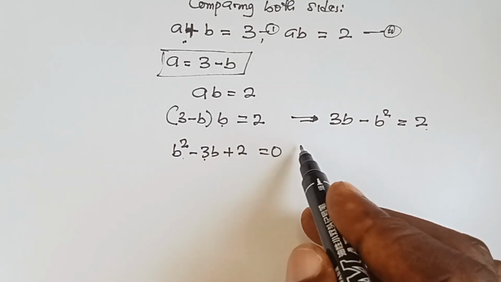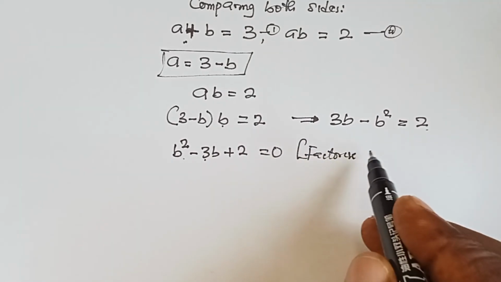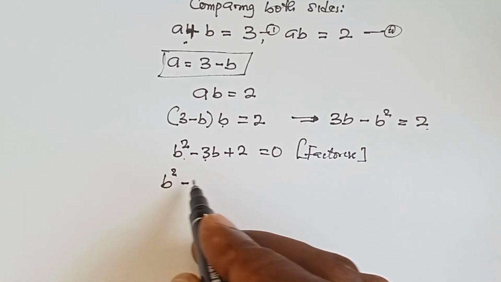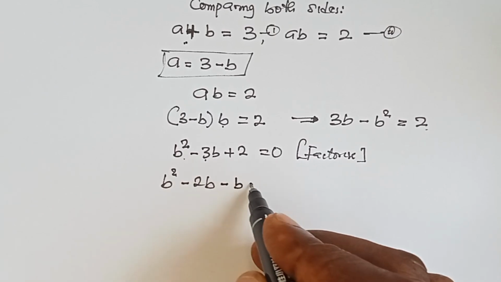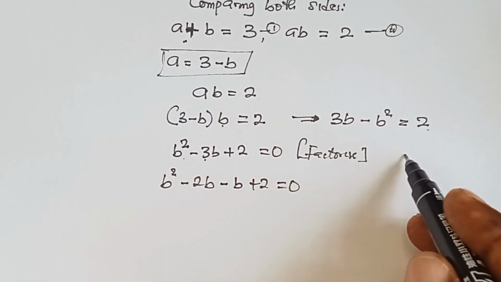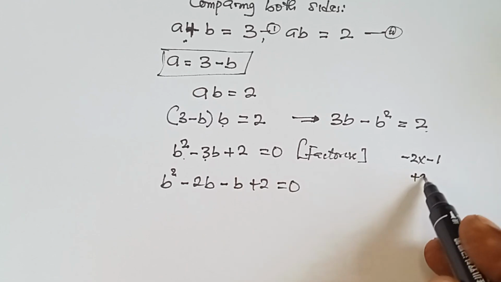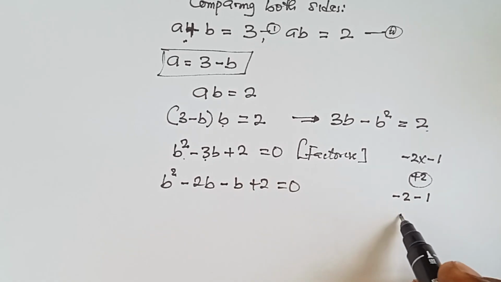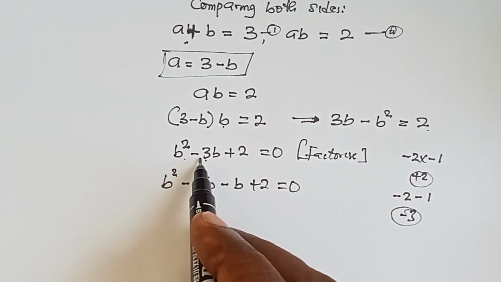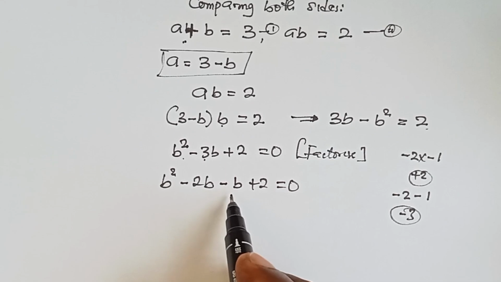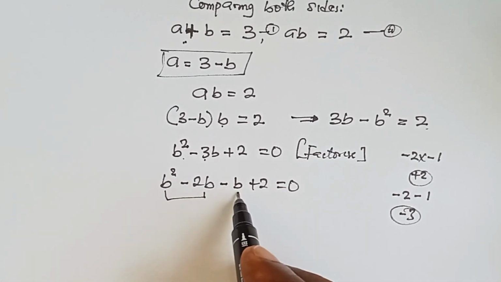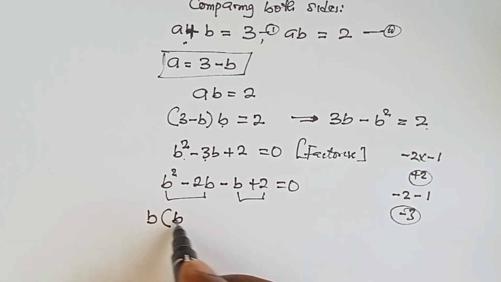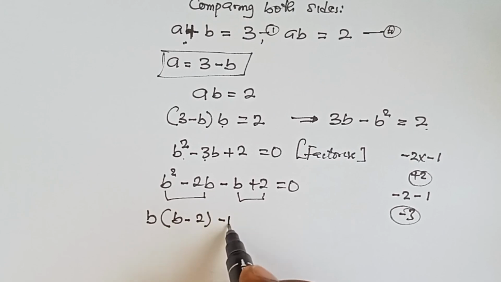Then we factorize. Factors of 2 that give us minus 3 are minus 2 and minus 1, so b squared minus 2b minus b plus 2 equals 0, because minus 2 times minus 1 gives us plus 2, and minus 2 minus 1 gives us minus 3. Let's group them into two. In the first group, b is common; in the second group, minus 1 is common.